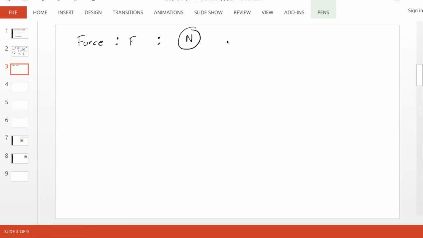So in thermo, we are going to use kilonewton, 1,000 Newton. That will be our preferred unit. So what is force? Very simply, force is the sense of push and pull. Just that.